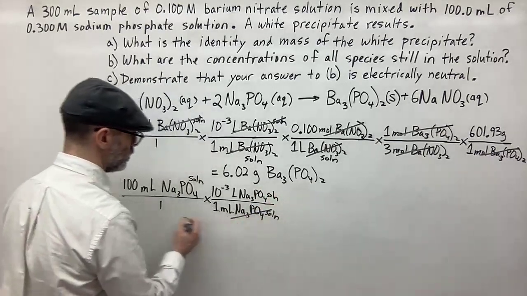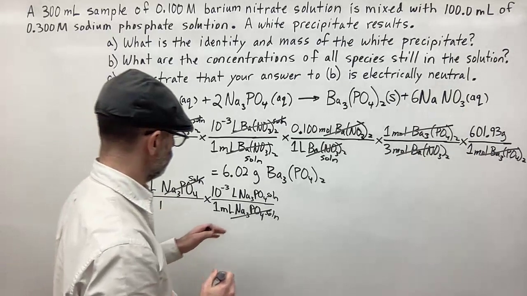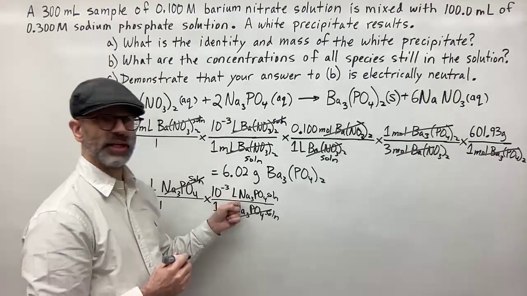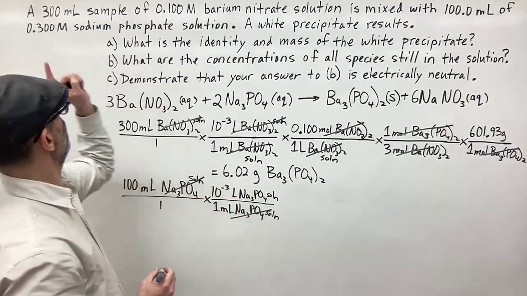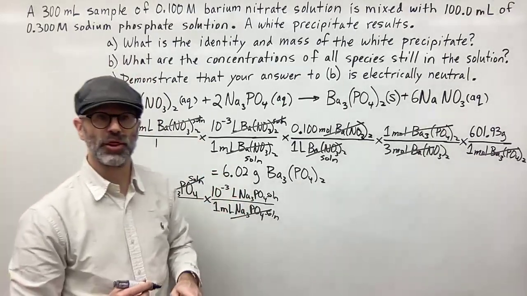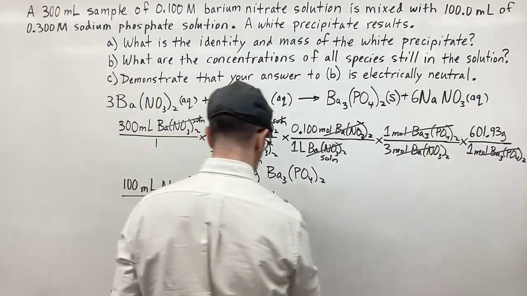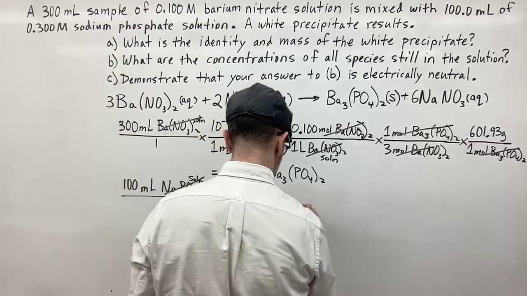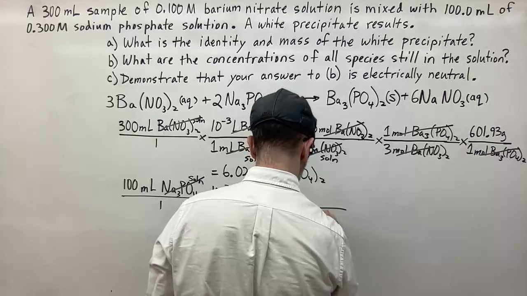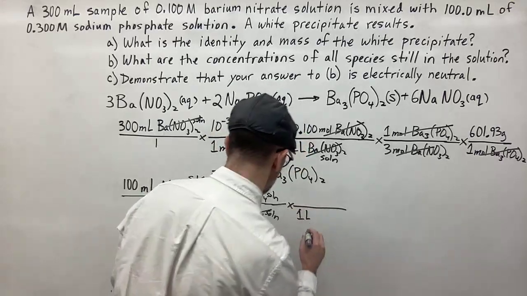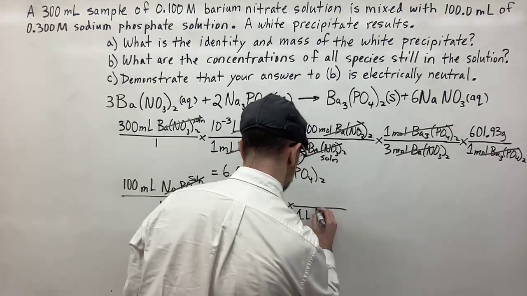So milliliters of the sodium phosphate solution will cancel out. Now I have liters of the sodium phosphate solution, and so now I can use the molarity, 0.300 molar. That means that for every 1 liter of the solution, I get 0.300 moles of the sodium phosphate.